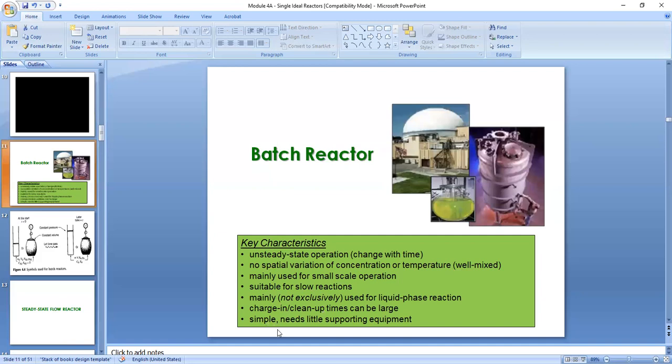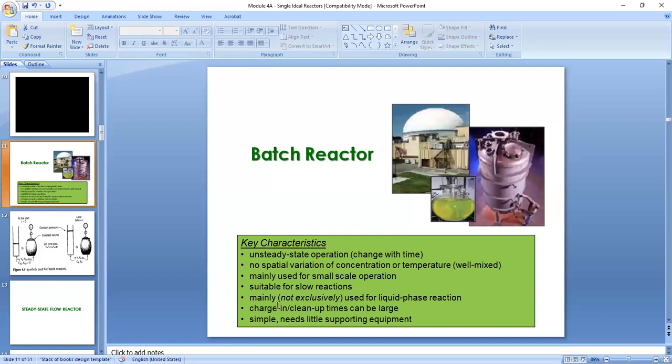Now, here we have to consider the charge in. You put in your reactants, and then the cleanup times. You place everything, you let them react, then you take it out, then you clean it, then you put in another system that you want to have reacted inside your reactor. So here, we have to consider these two, the charge in and the cleanup times.